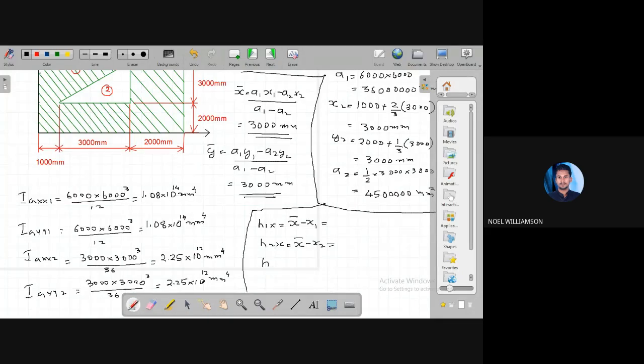So h1y and h2y. h1y is y bar minus y1 and h2y is y bar minus y2. Now the values, when substituting the values for x bar, y bar, x1, y1, etc., you will get the values for h1x, h2x, h1y, h2y, etc. as 0. Now, in the final relation, you can apply the values.